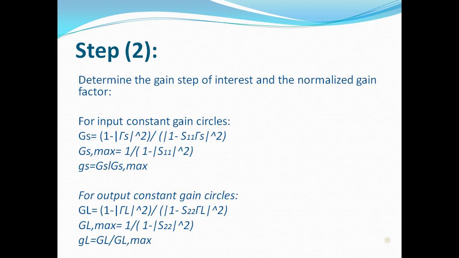For output constant gain circles, we find out the gain of the load by applying the formula seen, and we find out the maximum gain of the load by applying the formula seen. Then we find out the normalized gain factor, which is G small l, which equals GL divided by GL maximum.